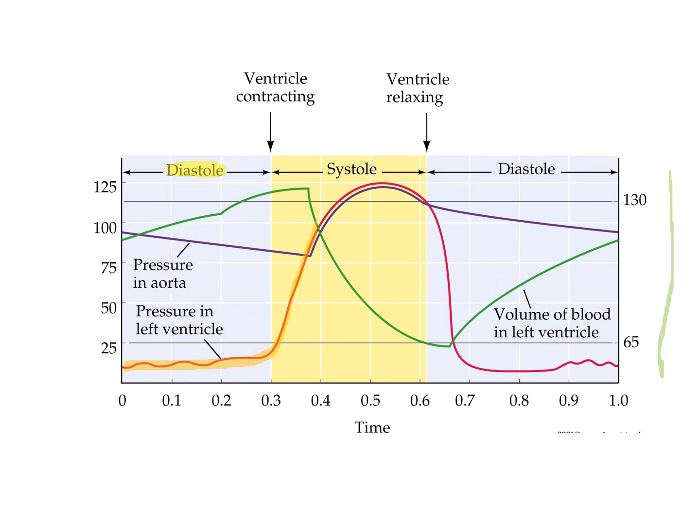And then here at this point, the green line is volume of blood and should be read off of this axis. That's volume, this is pressure. The volume of blood starts to decrease because now the pressure has risen up to a level that can open up the semilunar valves and blood is starting to get ejected.